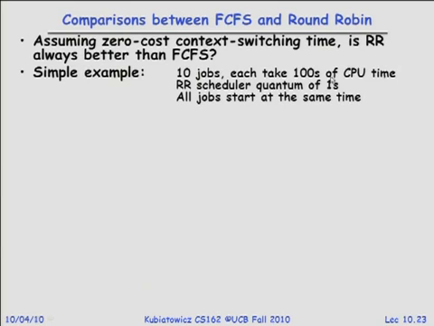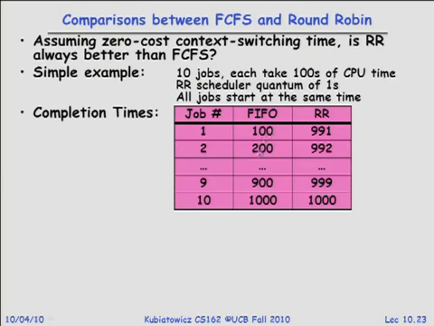All jobs start at the same time. Notice the FIFO case: first job is done in 100, then 200 to 1,000. Round robin case: first job's done in 991, then 992, 993 to 1,000. Okay, so which one is better? Depends on what your metric is. Both of them finish at the same time. Why is that? Because I have zero context switch overhead.